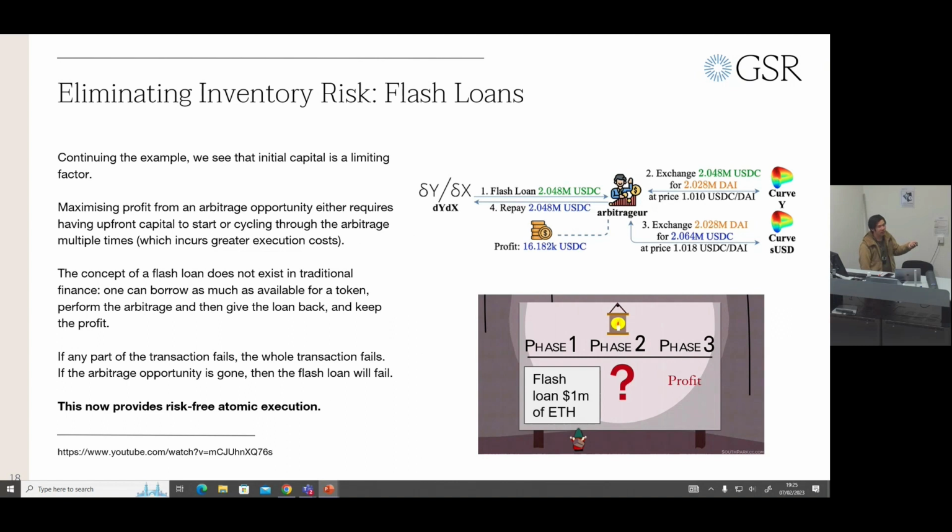A flash loan is the concept that because you're executing your trades and transactions atomically, you can also bundle a potential loan into that. So, in this example on the top left here, if we notice that there's an arbitrage between two markets, right?